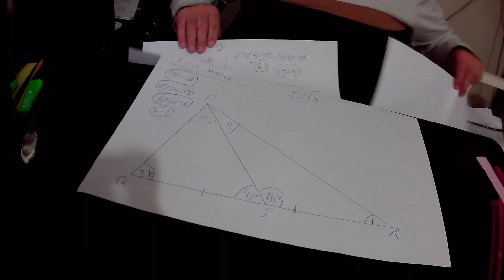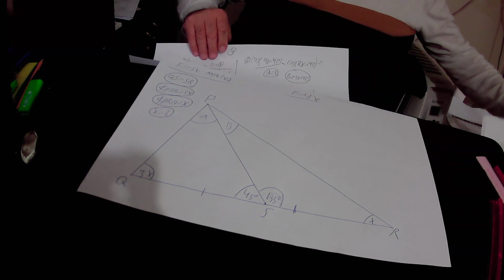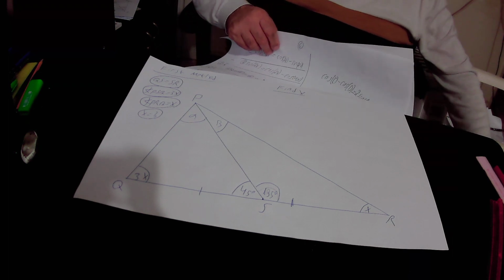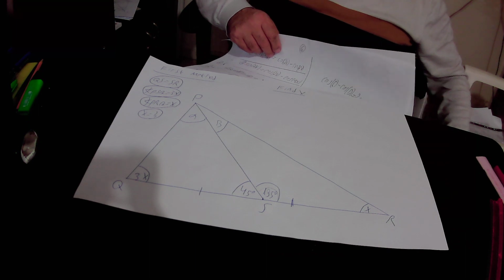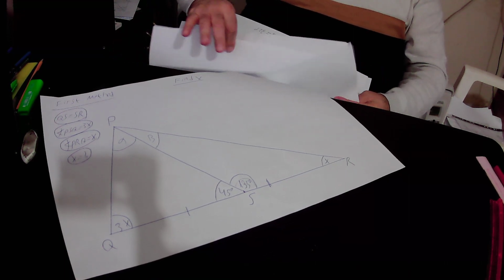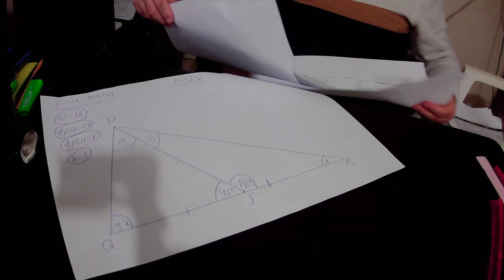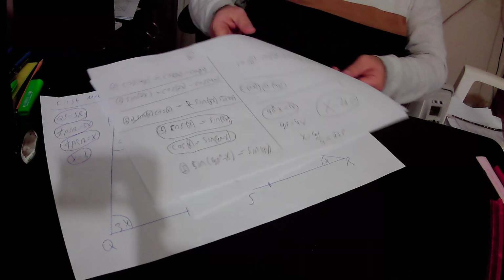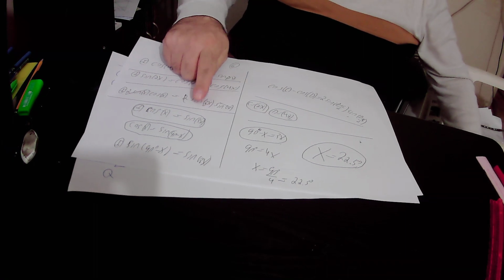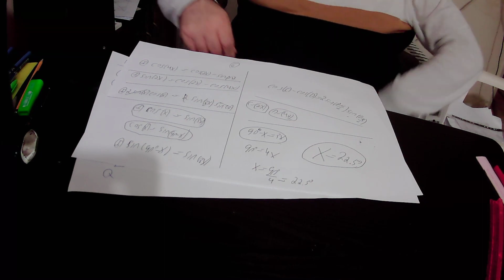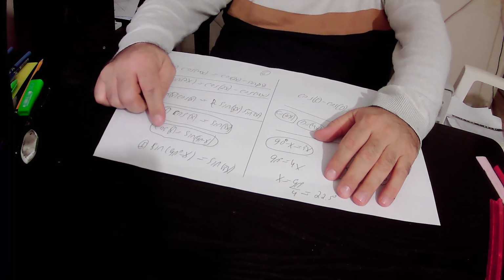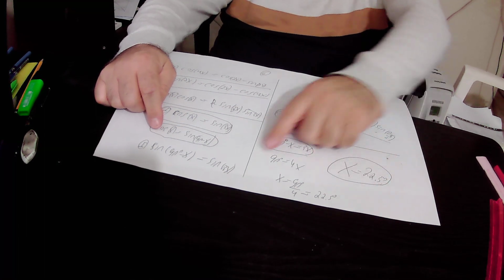cosine x equals sine 3x, and according to the trigonometric identity that cosine x equals sine (90 degrees minus x), we substitute cosine x by sine (90 degrees minus x) and we get that sine (90 degrees minus x) equals sine 3x.